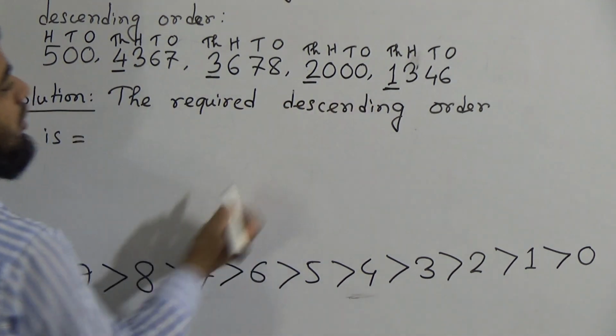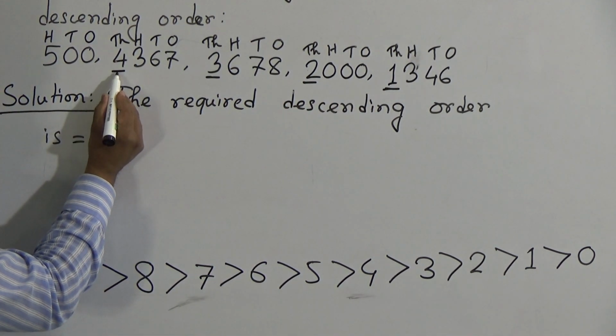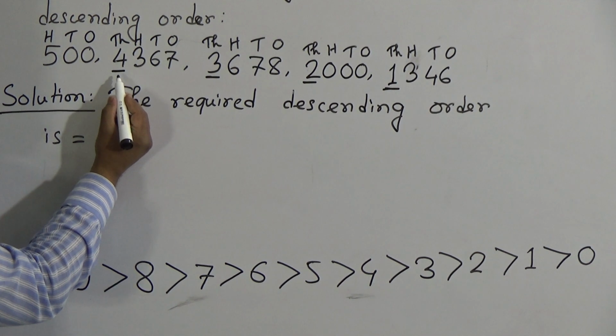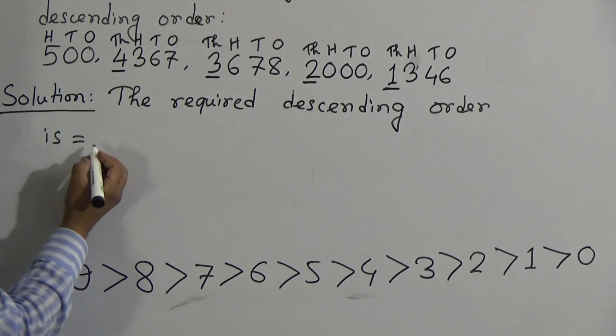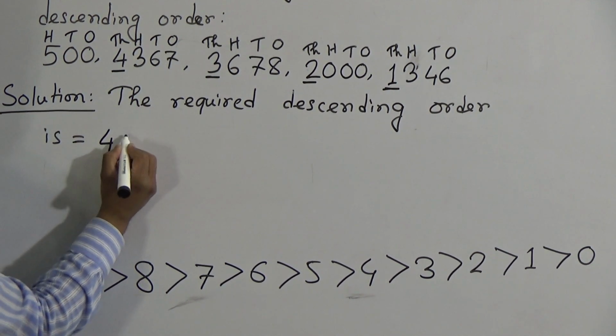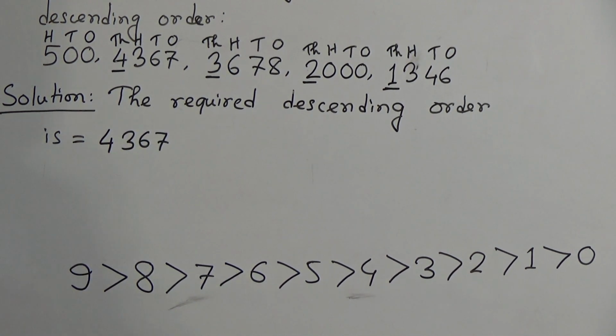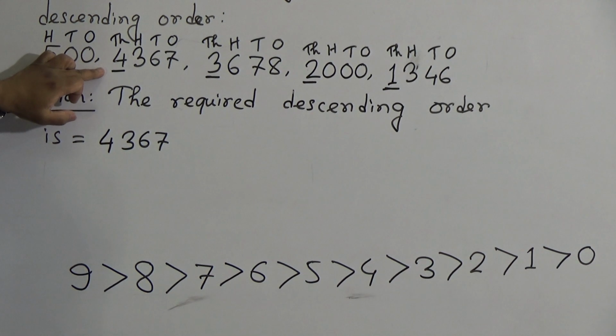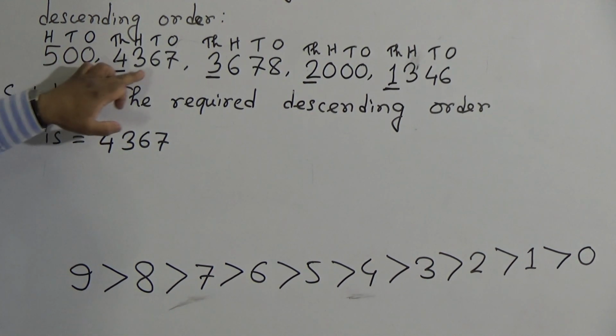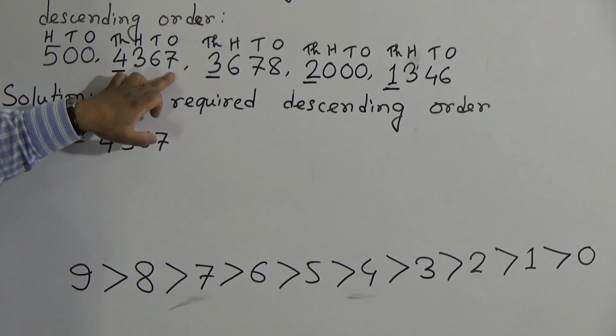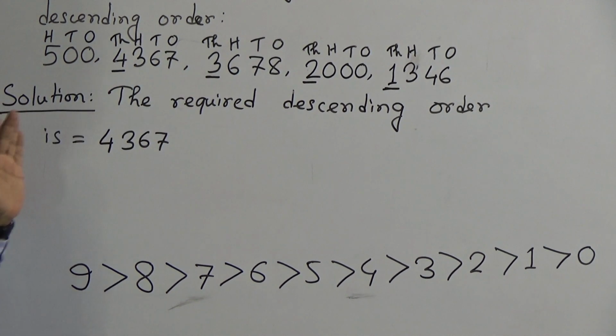Among these 4, 4 is the biggest. We should write down 4367 at first, because 4 is the biggest, so 4367 is the biggest number among these 5.